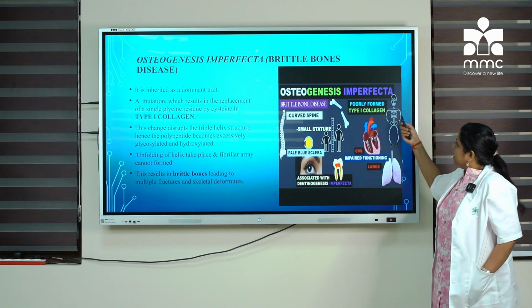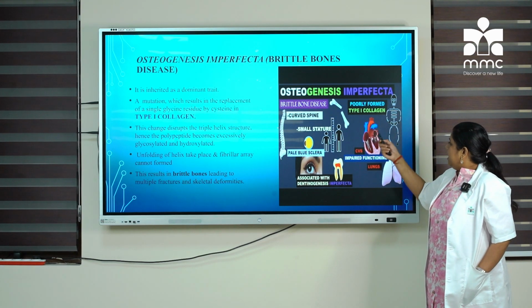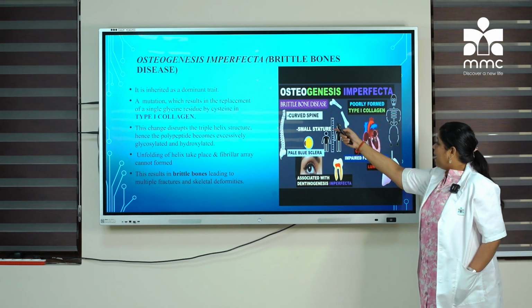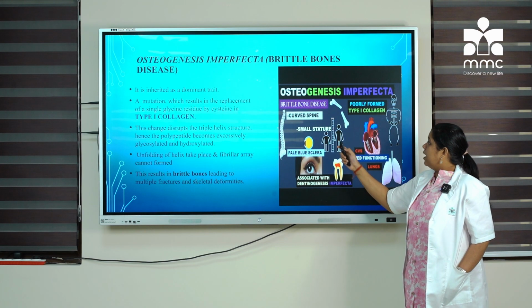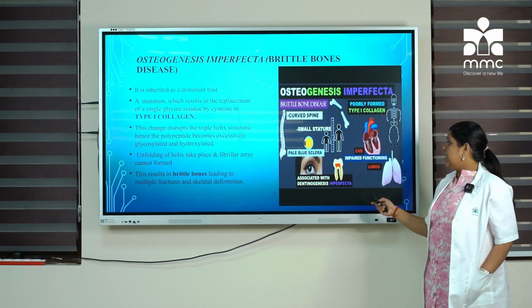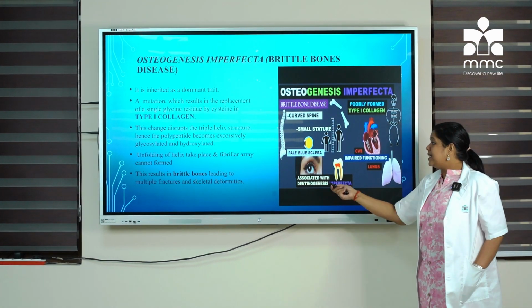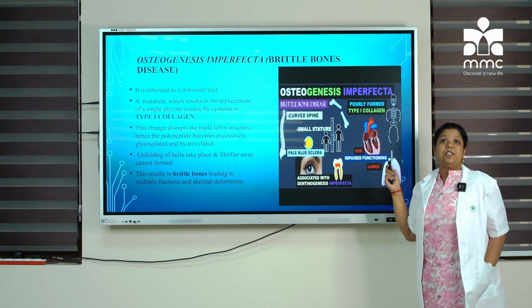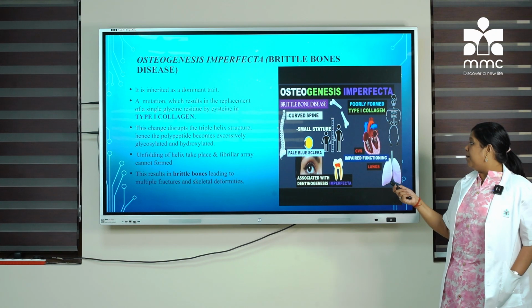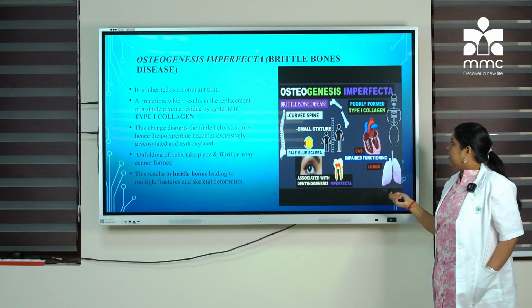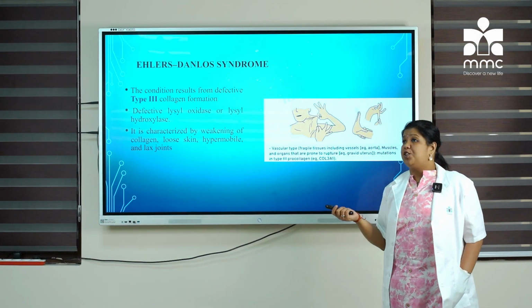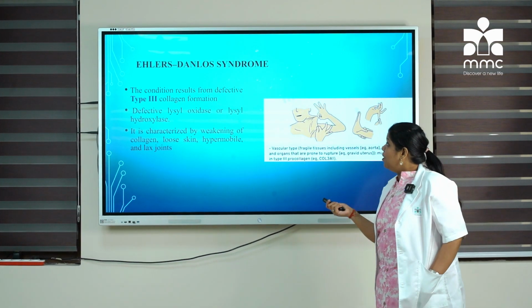These are the symptoms seen in osteogenesis imperfecta: the curved spine and the pale blue sclera, and it is associated with dentinogenesis and impaired functions of the cardiovascular system and lungs, etc. Then coming to the next collagenopathy, Ehlers-Danlos syndrome.